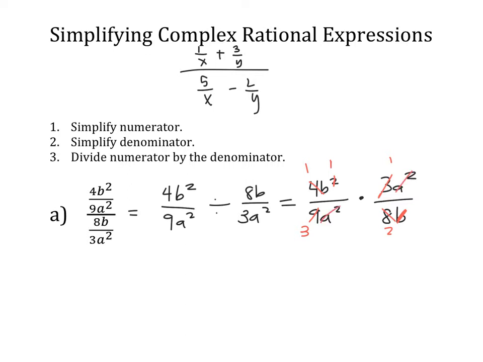So I'm actually left with b to the first power over 3 times 2, which is b over 6. So as you can see, if I have one fraction divided by another fraction, this is just what we've learned last class, so it's very simple.